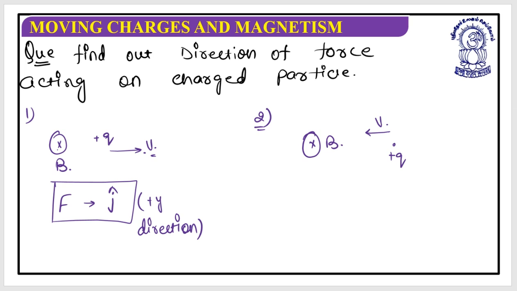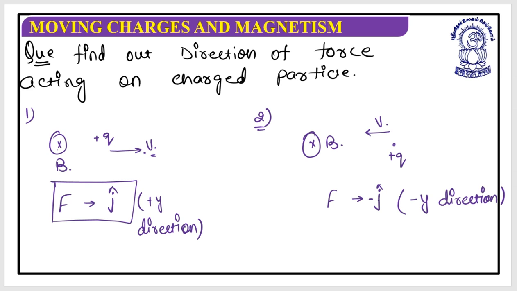Second finger should be in the direction of the motion, sorry. And the thumb will represent the force. So according to me, F is equal to minus j cap, that means in the negative y direction. I hope this is clear. Is it clear? Great.